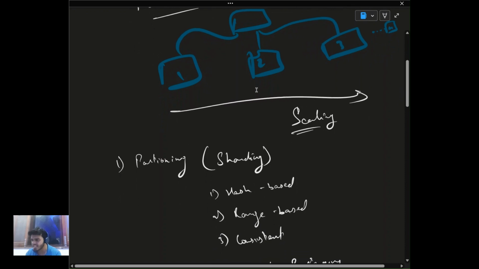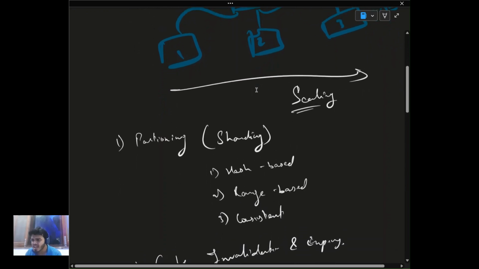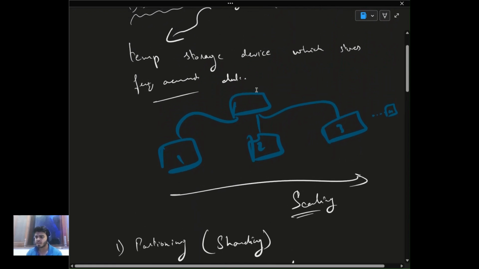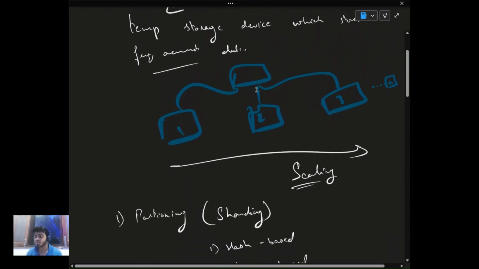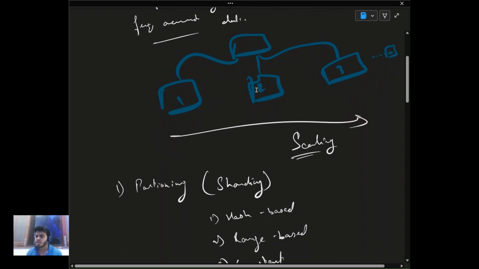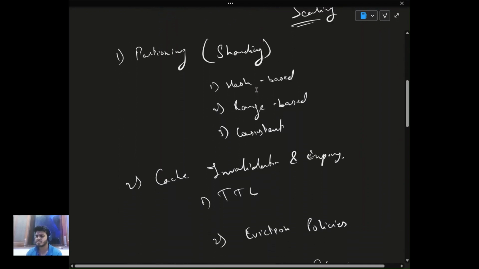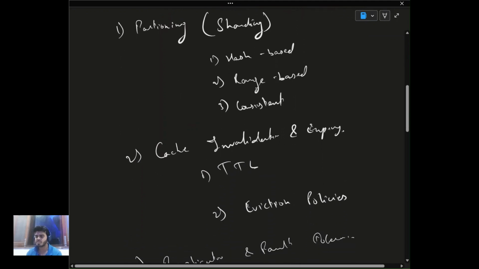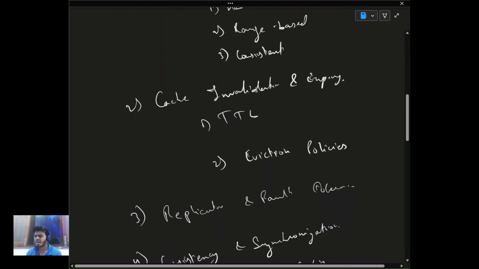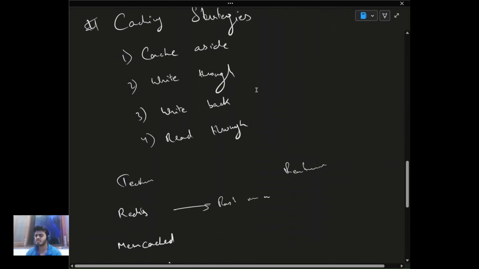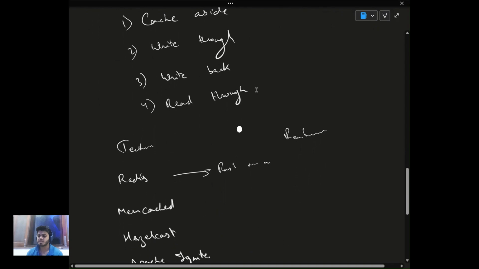The key takeaways to remember are that caching reduces the load and speeds up response times, and distributed caching ensures scalability and fault tolerance. It uses proper partitioning or sharding, eviction policies, TTLs, replication strategies and synchronization, and there are many other things that we have discussed in this video.